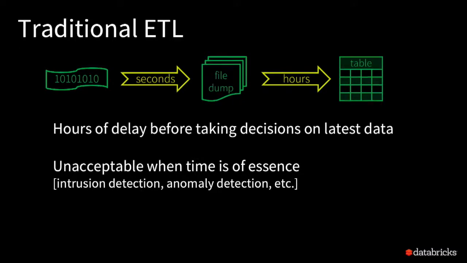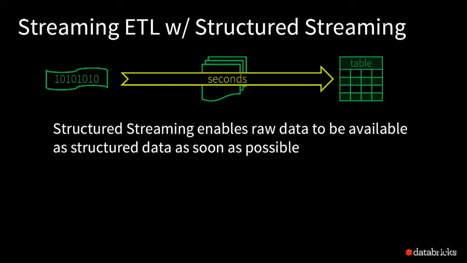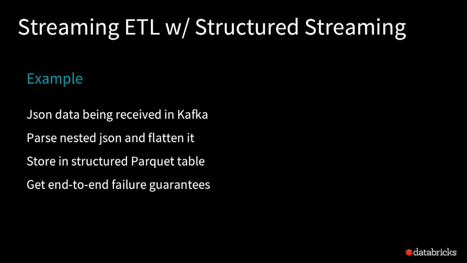So one of the main motivating use cases of structured streaming was to make this simpler by avoiding all this two-hop thing and making streaming data available in a structured table-like form as soon as possible, within seconds. Let's walk through a concrete example. Let's say you have JSON data being received through Kafka. You have to parse the data because the JSON is heavily nested.